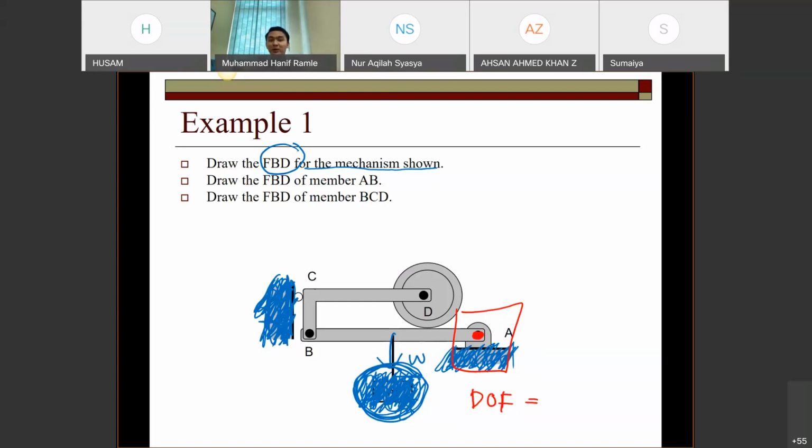I'm asking you about DOF. How many DOF? Yes, the answer is 1.